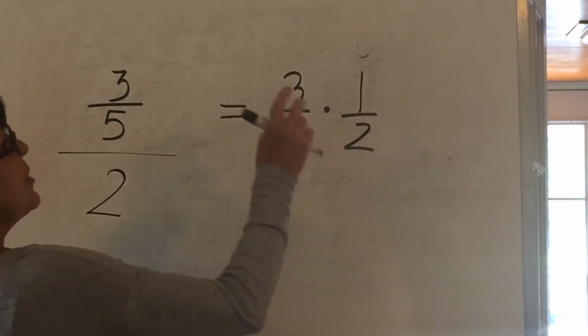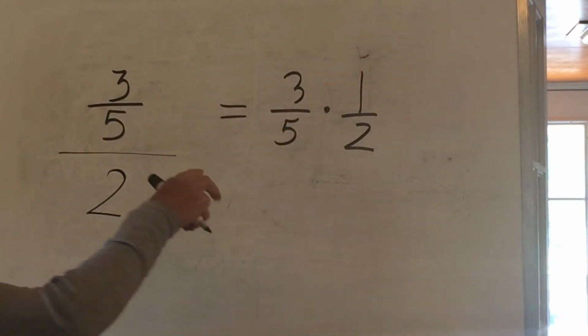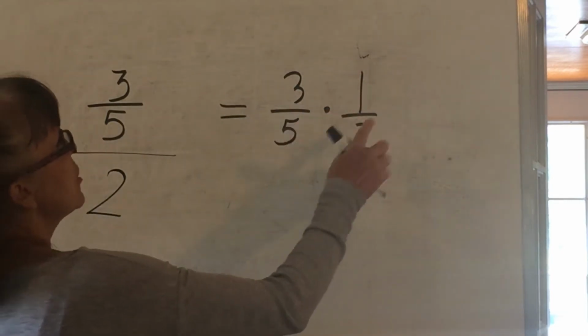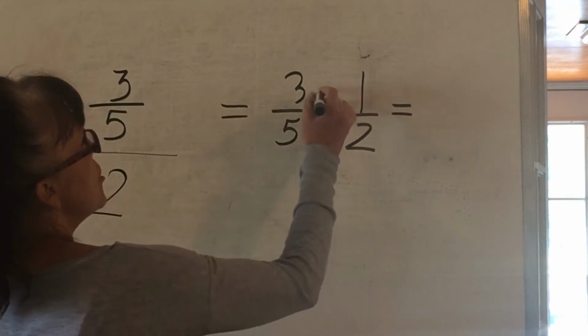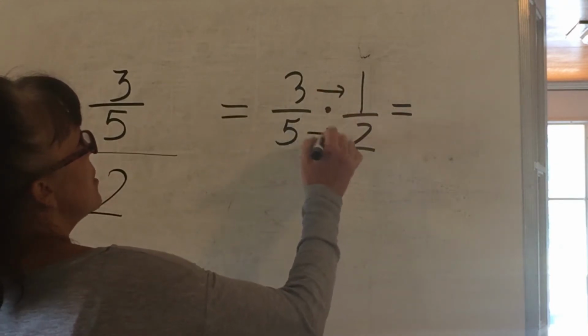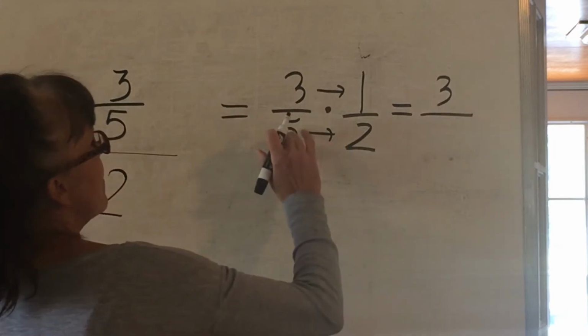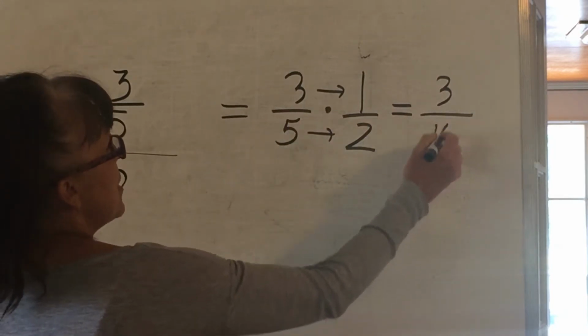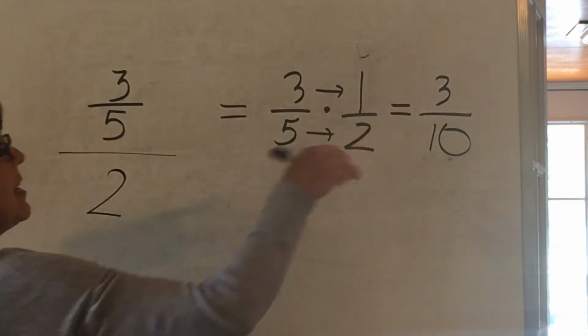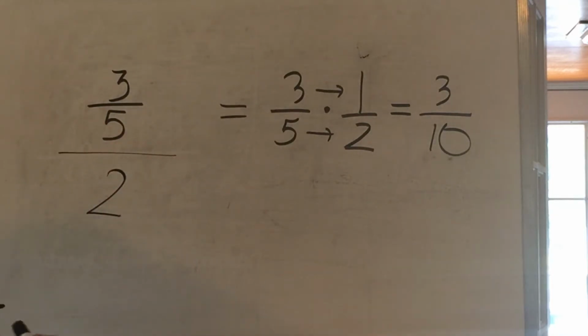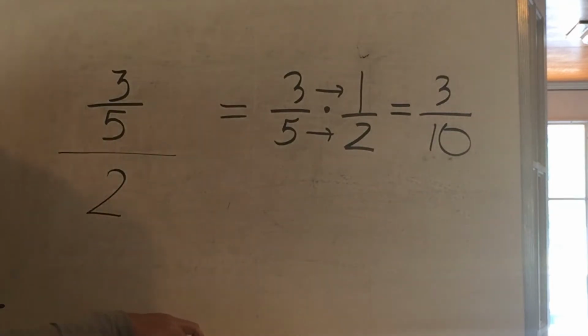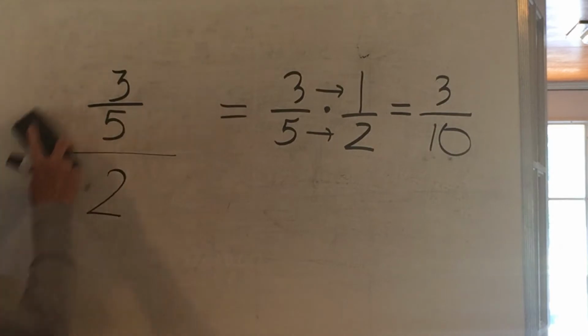So you're going to need to know this today. How do you multiply fractions? Straight across. 3 times 1 is 3. 5 times 2 is 10. And then we'll go from there. Okay, so you're going to have fractions today on completing the square.